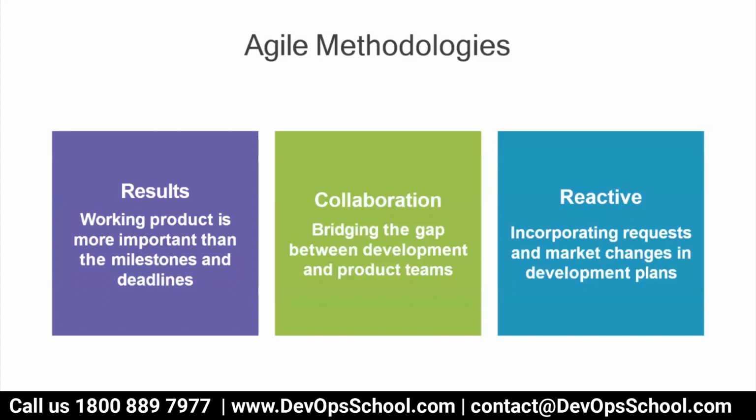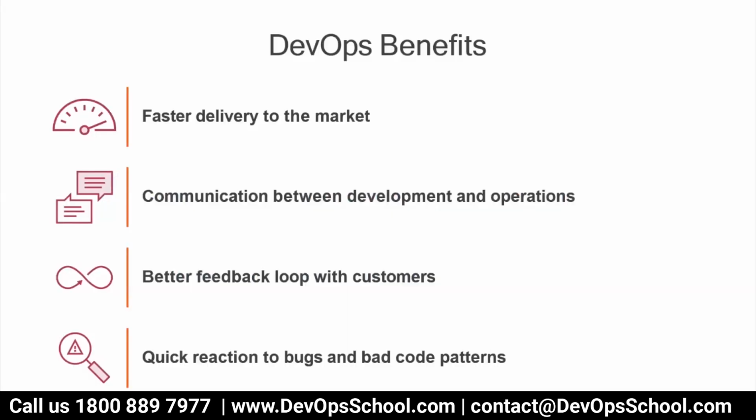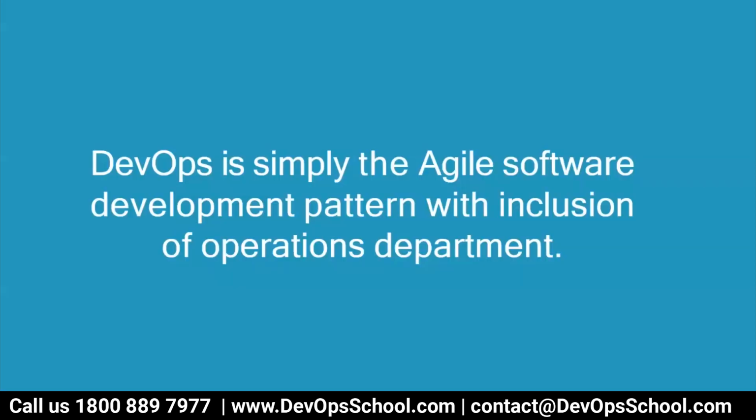There are many benefits of DevOps: faster delivery to the market, better communication between development and operations, a better feedback loop for customers, and quick reactions to bugs and bad code patterns. DevOps is simply an agile software development pattern with the inclusion of the operations department.